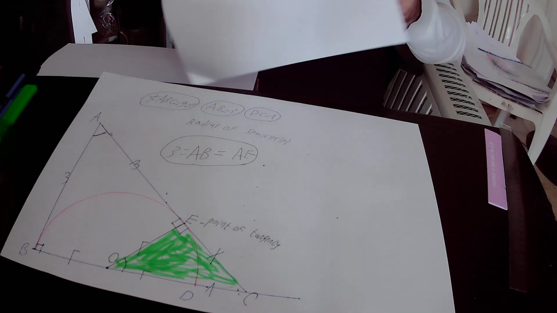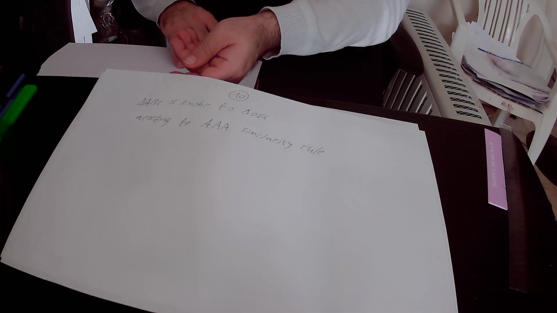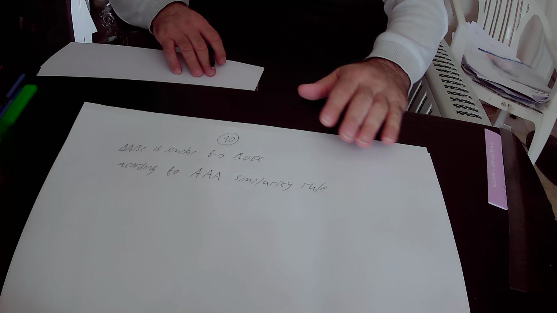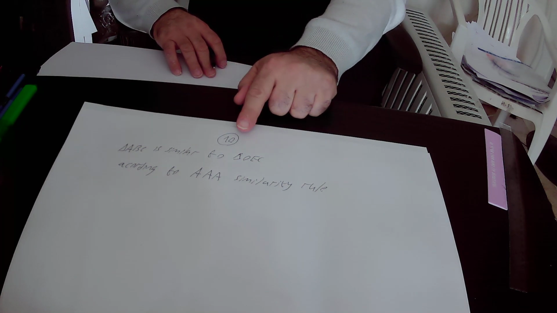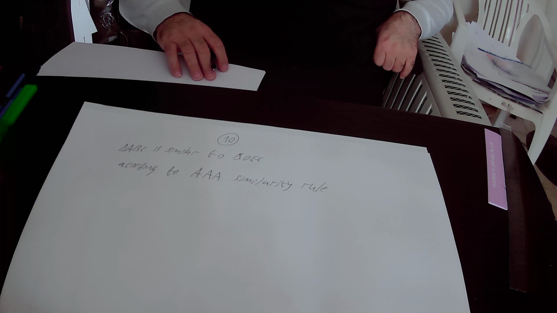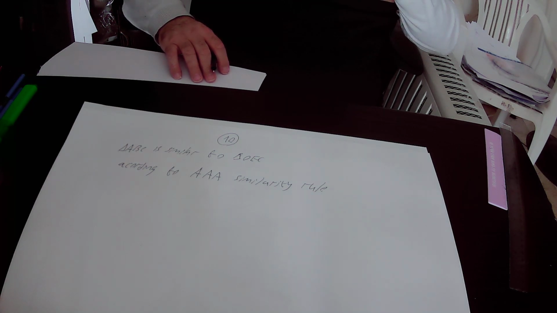I will repeat again. We actually proved the triangle ABC is similar to triangle OEC according to the angle similarity rule. So what is the angle similarity rule?